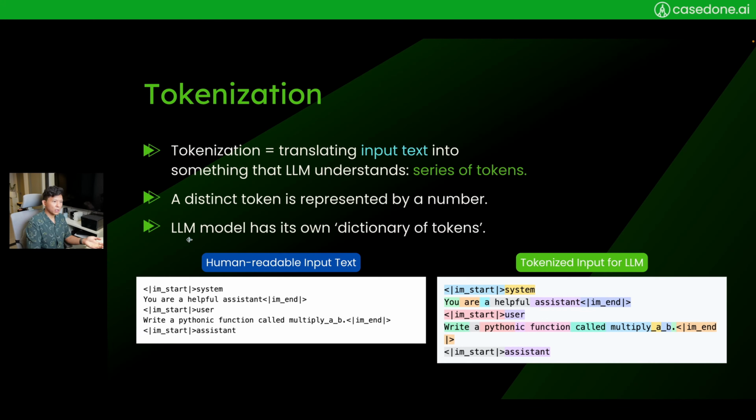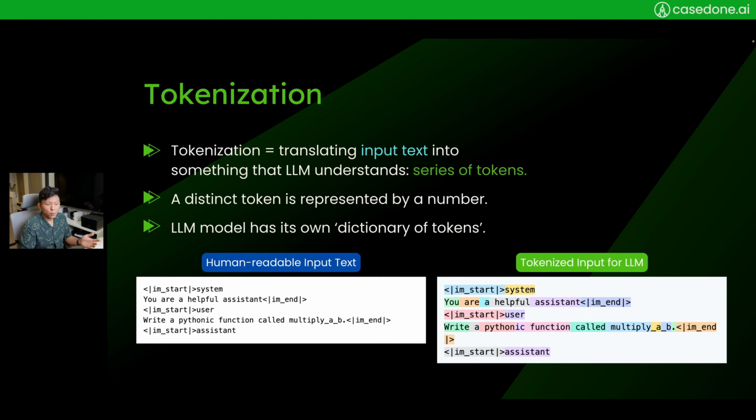Essentially, an LLM model will have its own dictionary of tokens, right? A capable model can have a vocabulary as big as 300,000 tokens in its dictionary. Whatever tokens are not in that dictionary will be tagged as unknown.